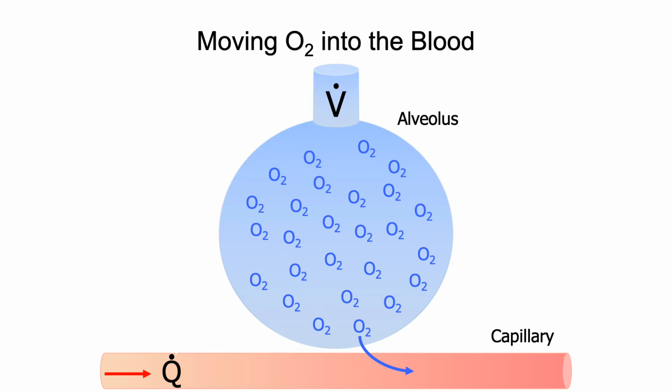This is represented by a Q, also with a little dot over the top, and we call this perfusion. And then finally, we need the ventilation and the perfusion to both be occurring in the same location. When this occurs, we will successfully have oxygen transfer from the alveolus to the blood.